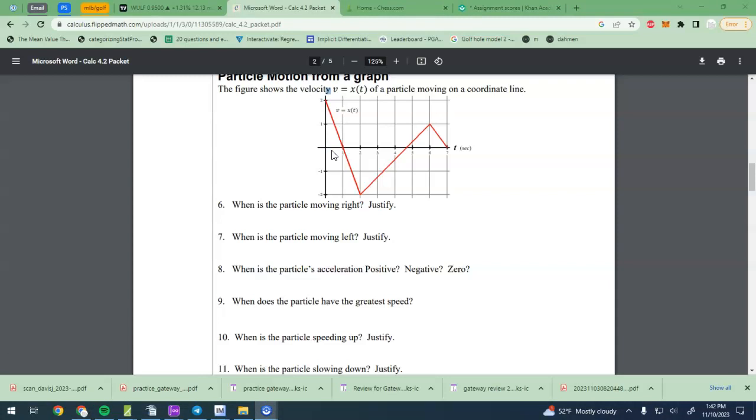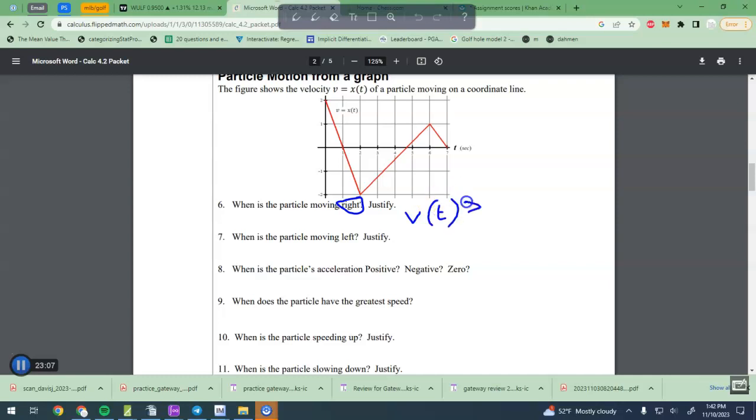But that velocity is above the axis, so it is moving to the right. Why is it moving to the right? Because the velocity is positive. V of t is greater than 0.